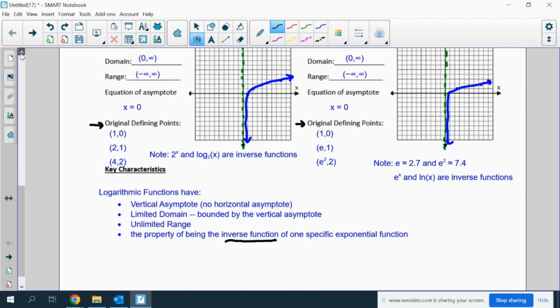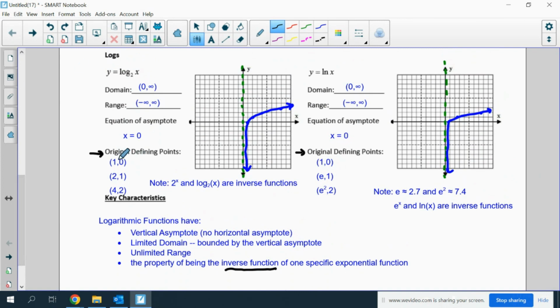So all the x and y values just flip here. Also notice that means that the asymptote is now a vertical asymptote instead of a horizontal asymptote. And notice that now the domain has a restriction. The domains are now 0 to infinity, and the ranges are unlimited.